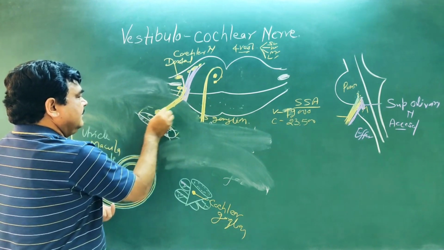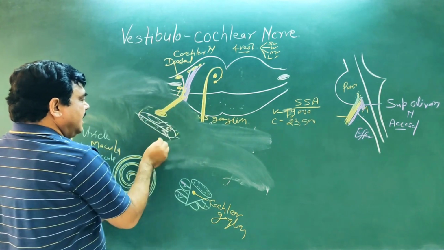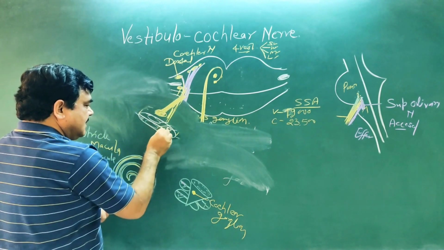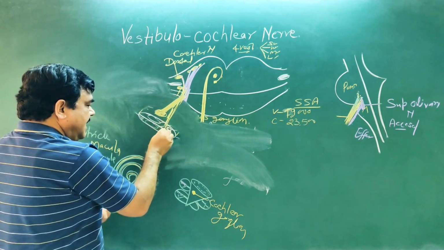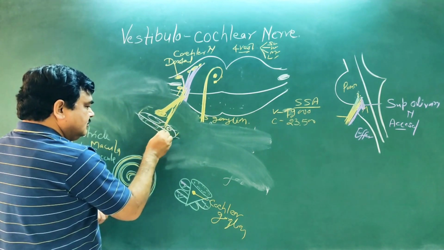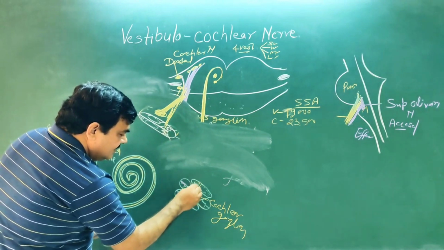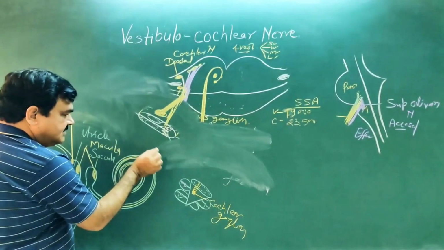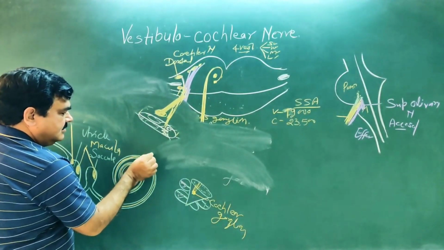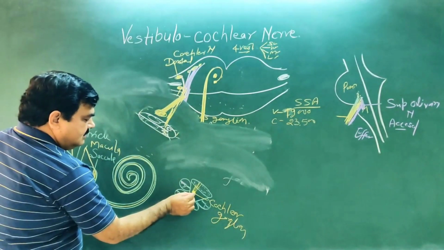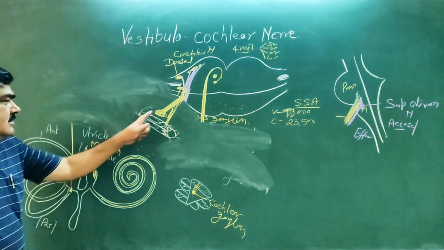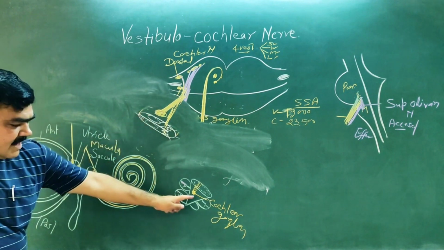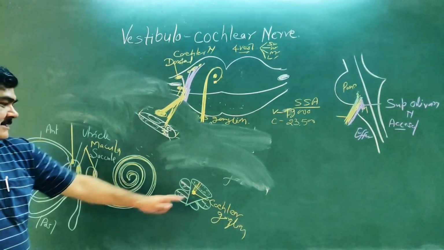Here is the vestibular ganglion, and here is the cochlear part, with its cochlear ganglion. The vestibular ganglion, or Scarpa's ganglion, lies in the internal acoustic meatus, and the cochlear ganglion lies in the modiolus.